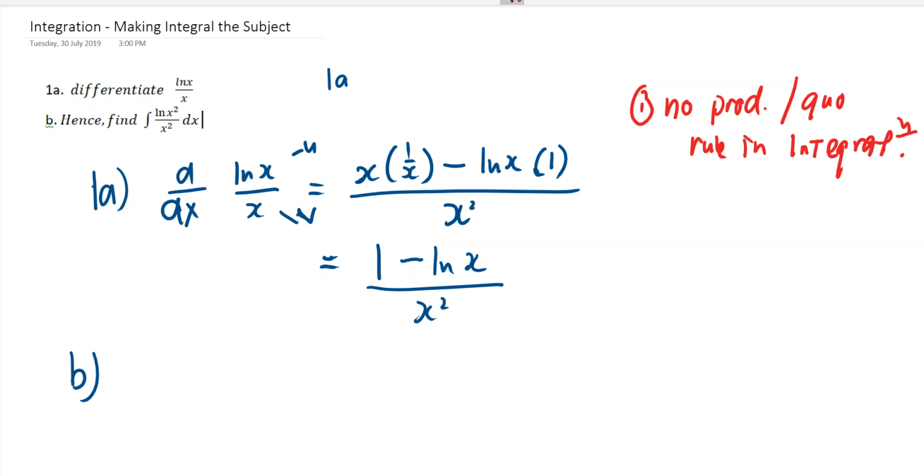So when you see a quotient or a product like that, you must immediately either think of using the differentiated value, or number 2, if you think of integrate f prime x over f x, f prime x over f x is equal to ln f x.